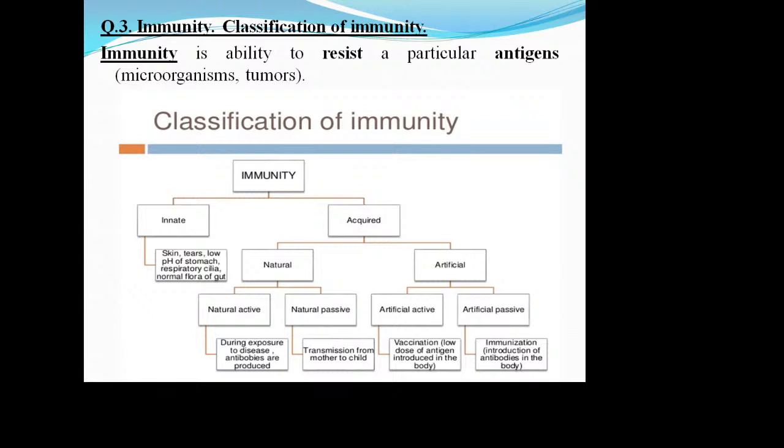A human immune system needs about 40 days to produce antibodies. But when we inject serum, the human organism gets protection immediately.